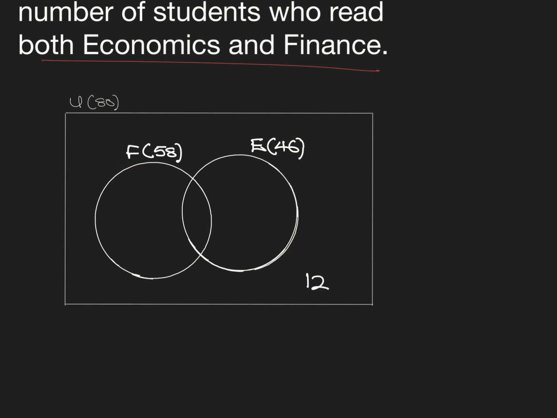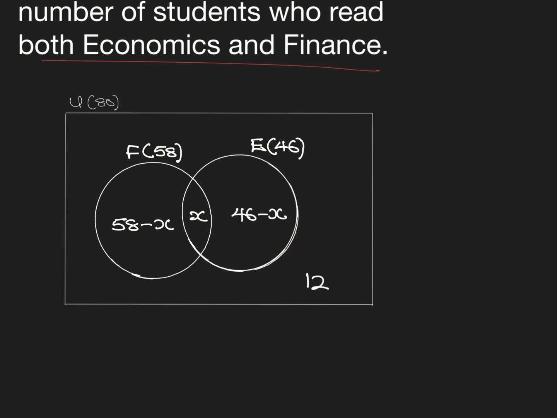Okay? So if we call the number of students studying both finance and economics as X, then to know only finance, that will be 58 minus X. And to know only economics, that will be 46 minus X.